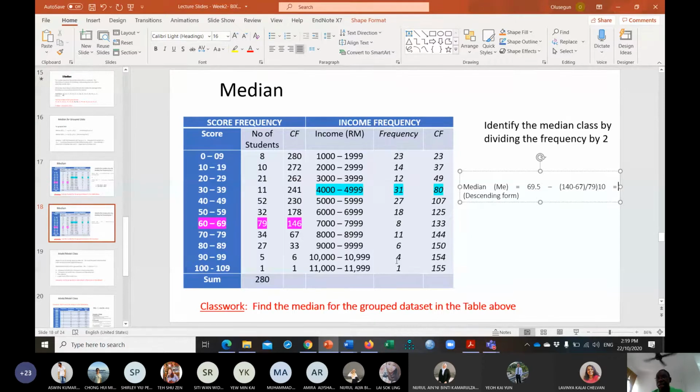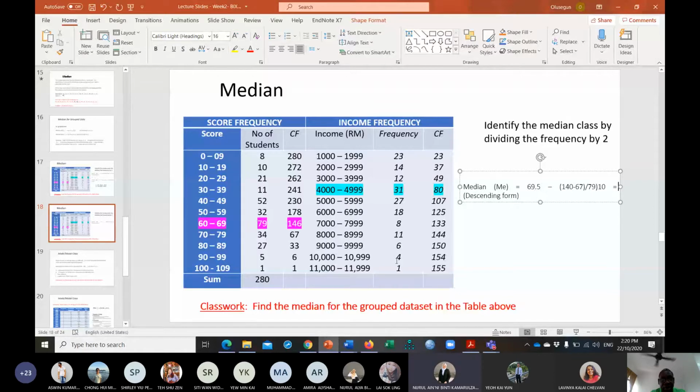This will give us, yes, let's put the calculator on again. 140 minus 67, divided by 79, multiplied by 10, okay, 69.5 minus that figure.